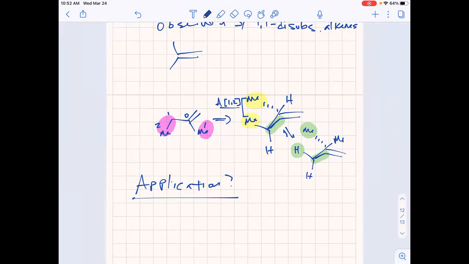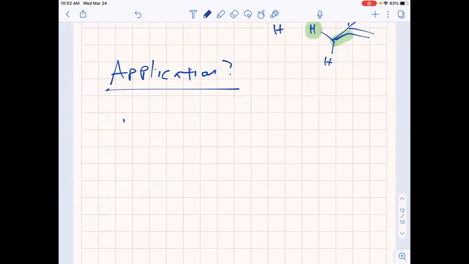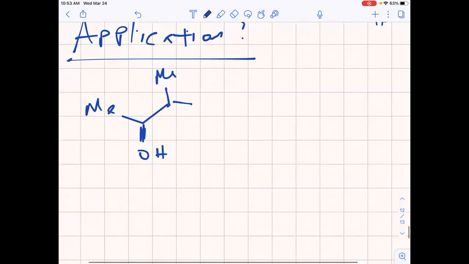If we do this directed oxidation with VO(acac), I'm going to show you that. The reason I say it's directed is because the hydroxyl group here is the directing group. That's what's going to bind to your metal and facilitate the oxidation. And again, this is a 1,1 disubstituted alkene.